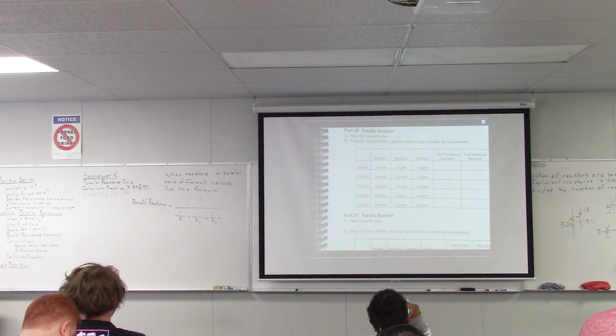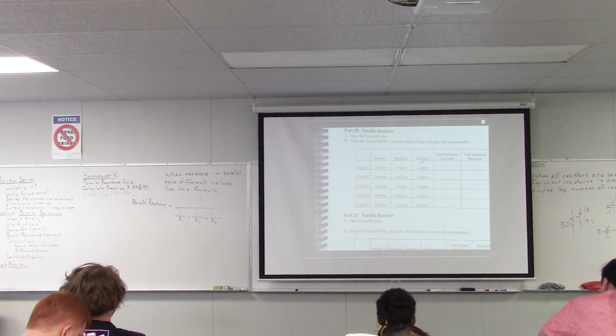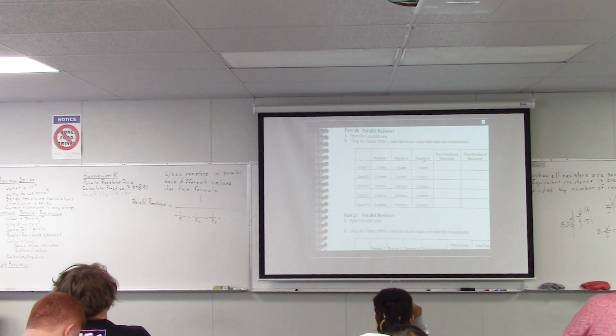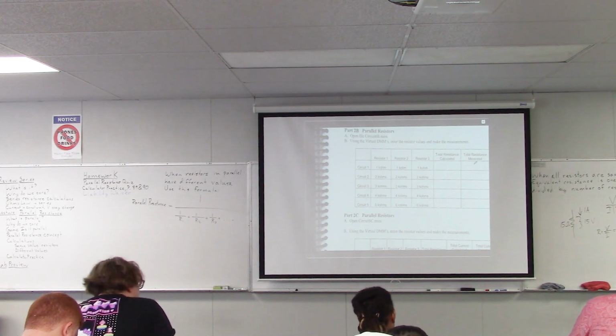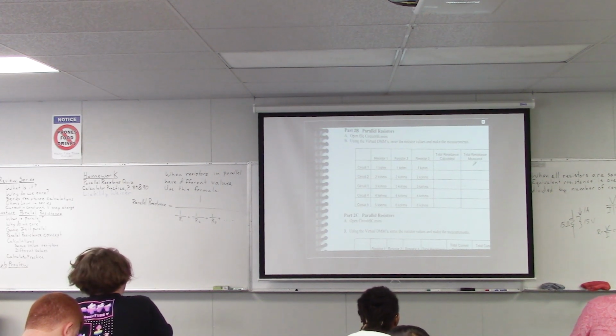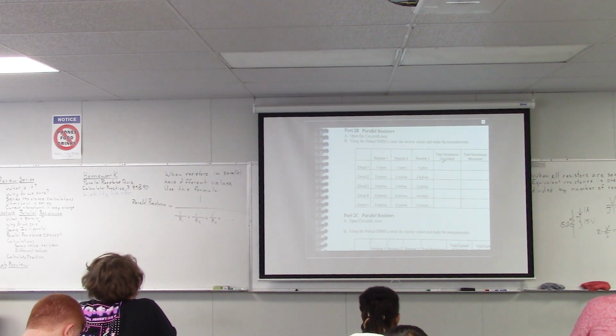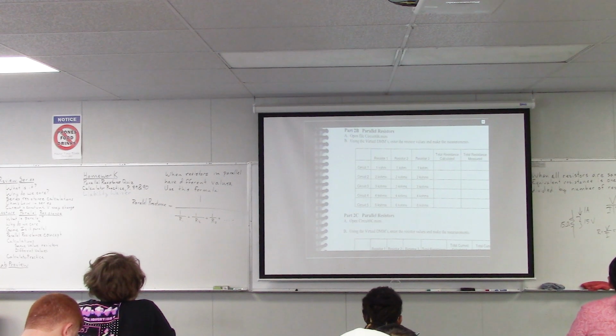We have a circuit where we have 3 resistors in parallel, and if all of them are 1 kilo ohm, we want to calculate what that resistance should be, and then we'll use Multisim to measure it and check that our measurement matches our calculation. If we have 3 resistors in parallel and they're all 1,000 ohms, what would be the equivalent resistance there?